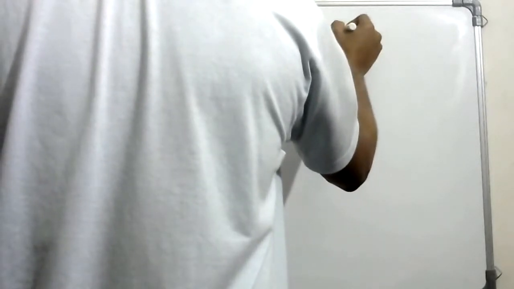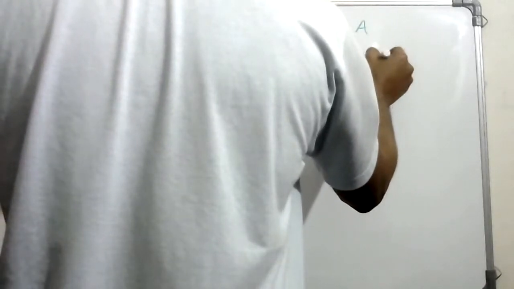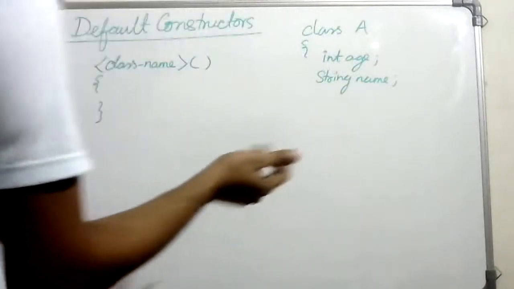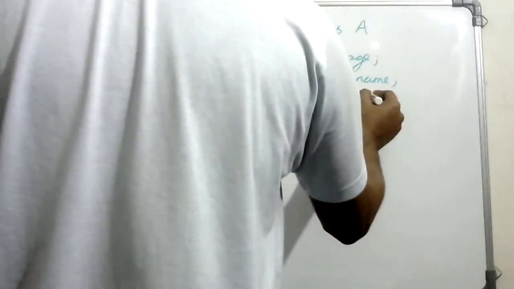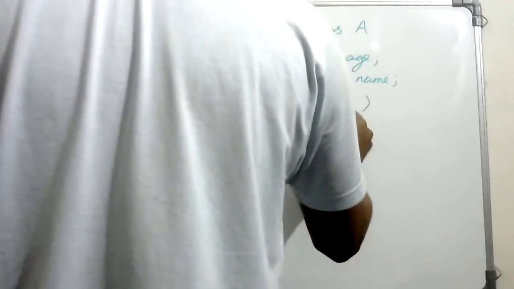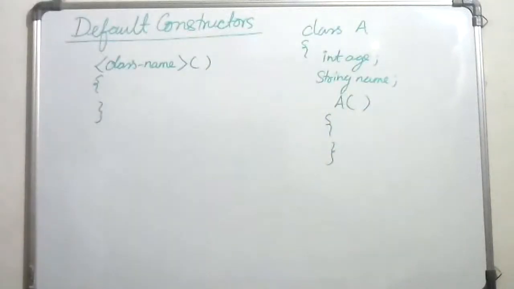So let's say again we take the example class A. There is an integer variable age, there is a string variable called name, and if I want to write a default constructor, the constructor name will be A. It does not have any return type, also does not take any arguments, so this is the default constructor, and that's it.